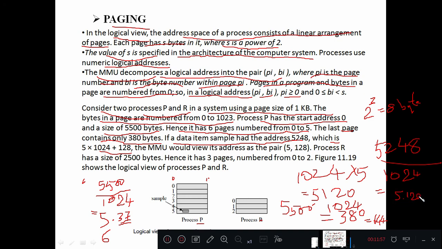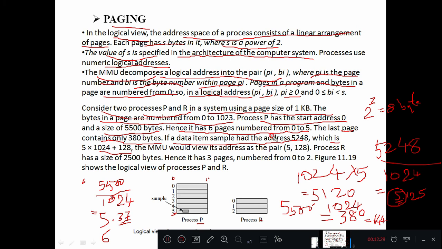The integer part gives you the page number. The integer part is 5, so this byte lies in the 5th numbered page. There are 6 pages in total, so it is the 6th page, which is numbered as 5.